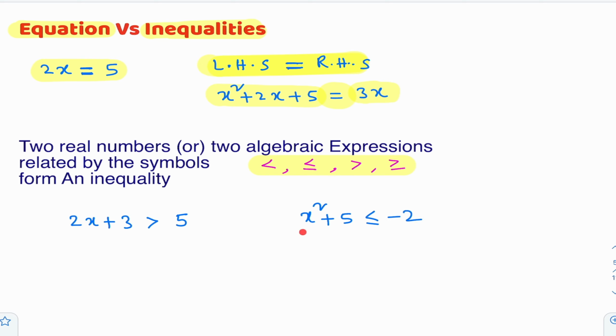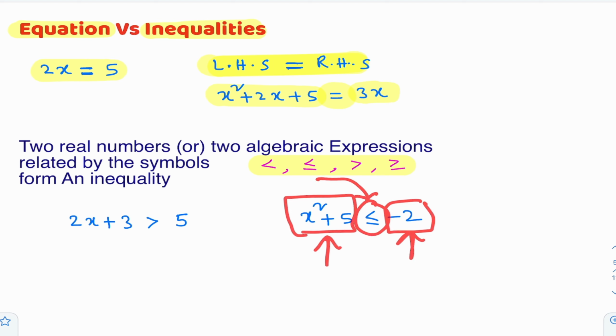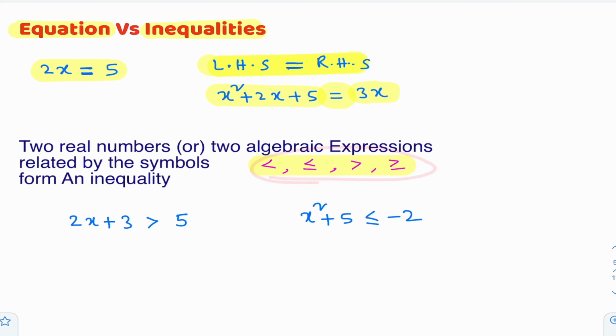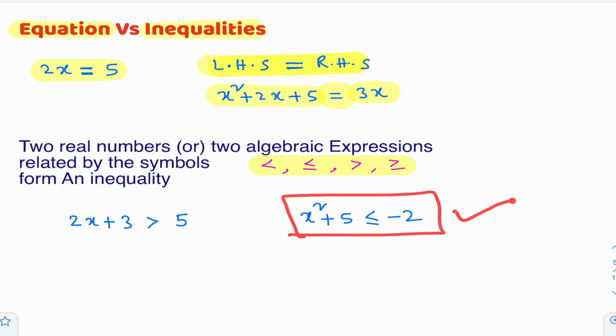Left hand side part is one algebraic expression, right hand side part is one algebraic expression. These two are related with one of these symbols, right? So this is an inequality.